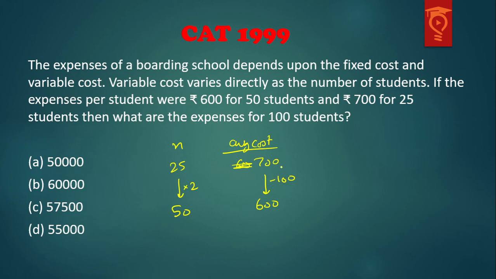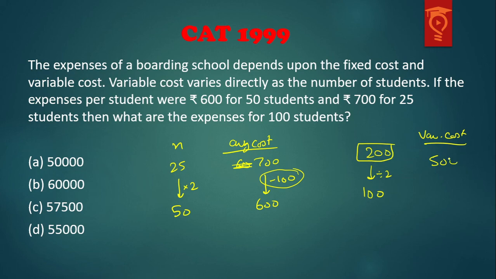So when it is halved per student, the decrease is 100. That means earlier it was 200 per person, now it is 100 per person, because it has to be divided by 2, which means the variable cost is always 500 per person. 500 plus 200 is 700, 500 plus 100 is 600.